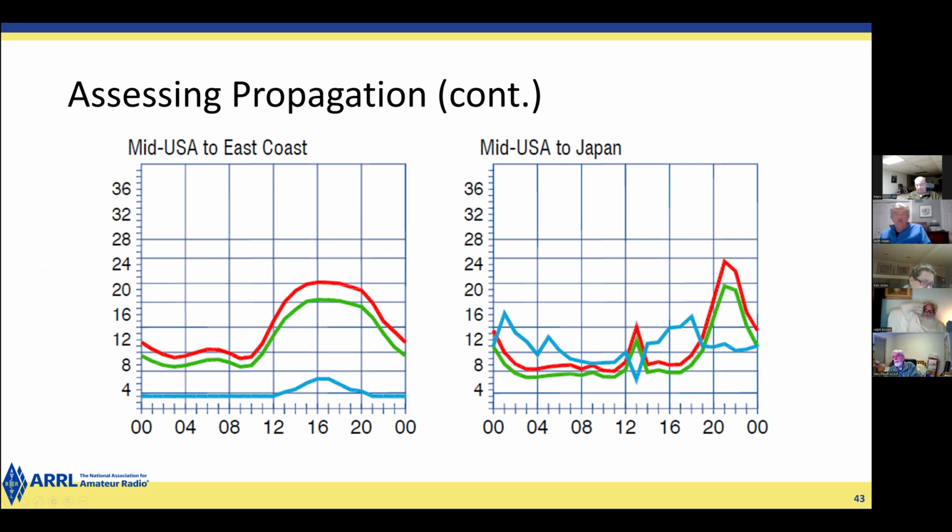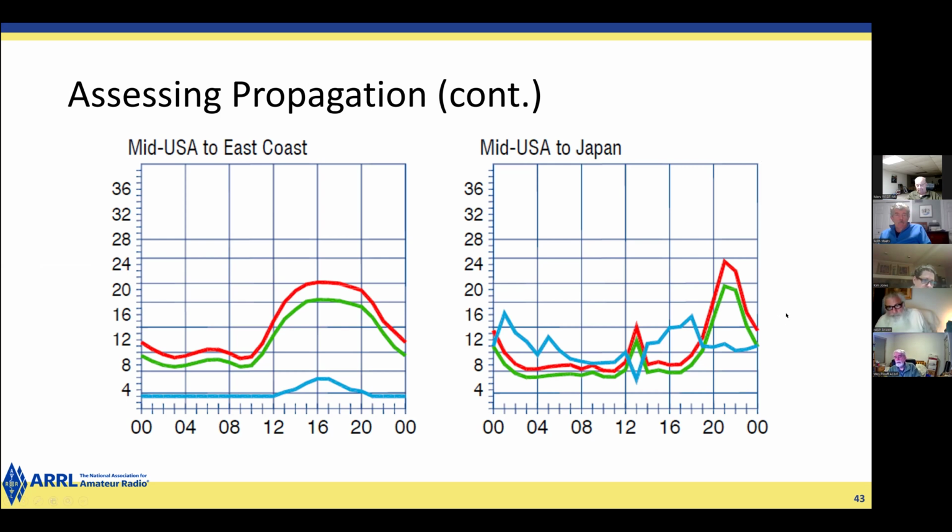And it all depends on what the ionosphere is doing in the places where radio waves between your station and the distant station are likely to pass through the ionosphere, which could be in one region, it could be in a couple different geographic regions, depending on the number of hops that it takes to get to that distant station.